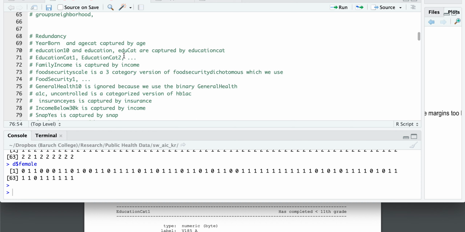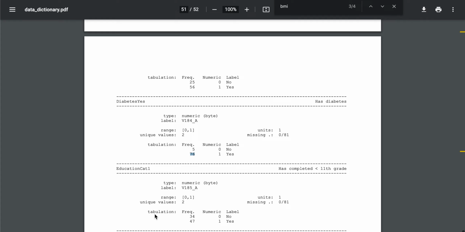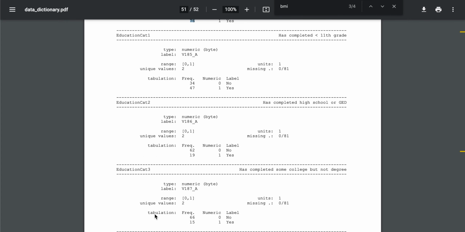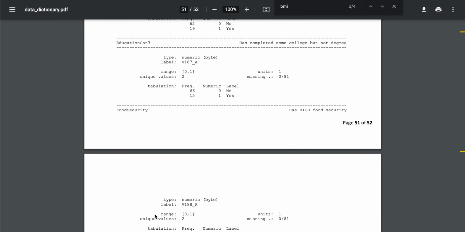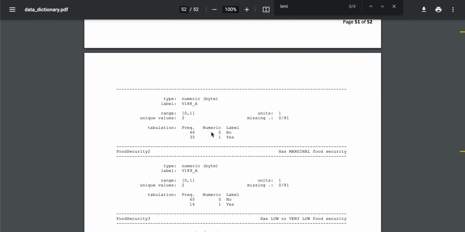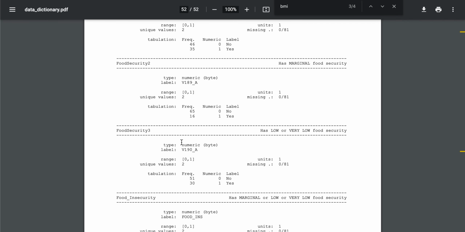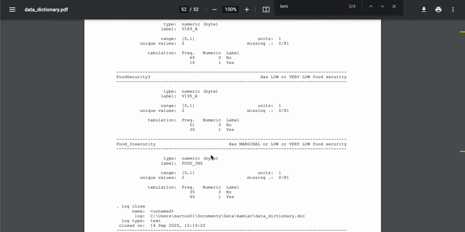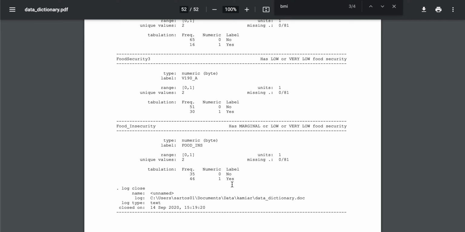And then we have the education categories. All of them are redundant, because we chose the other one. And then we have food security 1 as high. Again, these are all redundant because they were captured. And we have food insecurity, which is binary.